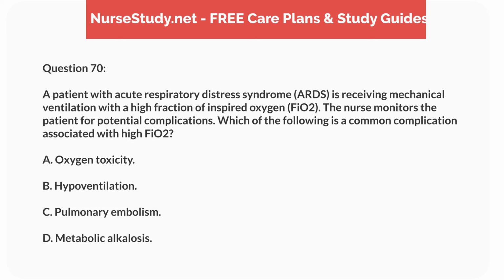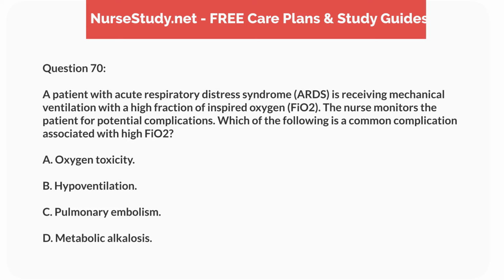Question 70. A patient with acute respiratory distress syndrome, ARDS, is receiving mechanical ventilation with a high fraction of inspired oxygen, FiO2. The nurse monitors the patient for potential complications. Which of the following is a common complication associated with high FiO2? A. Oxygen toxicity. B. Hypoventilation.